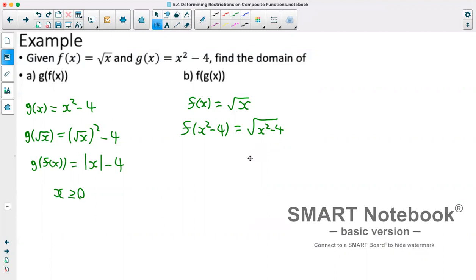But looking at it, we can say that x has to be equal or greater than 2 or equal or less than -2. Because those would be our two ranges that make sure what's inside our square root is positive.